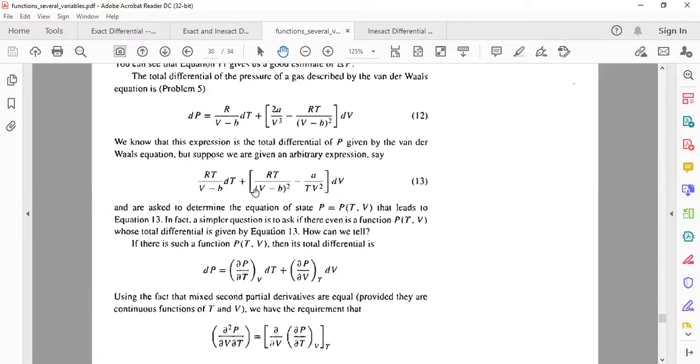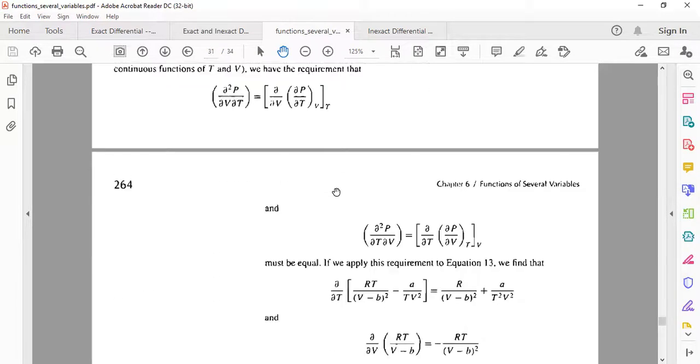Such differentials are called inexact differentials.